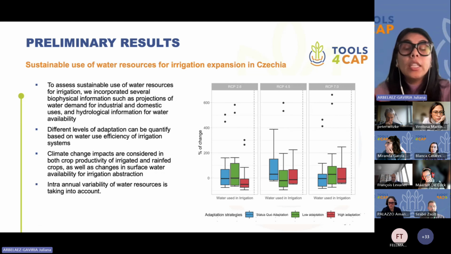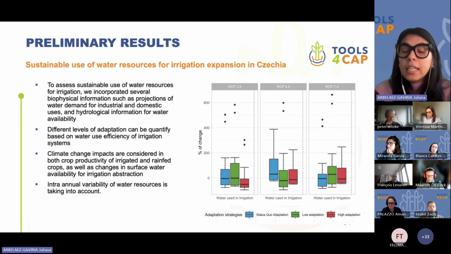So in this case, GLOBIOM combines hydrological information and crop model information to be able to create those biophysical constraints to know exactly when we have a gain on irrigated yields.